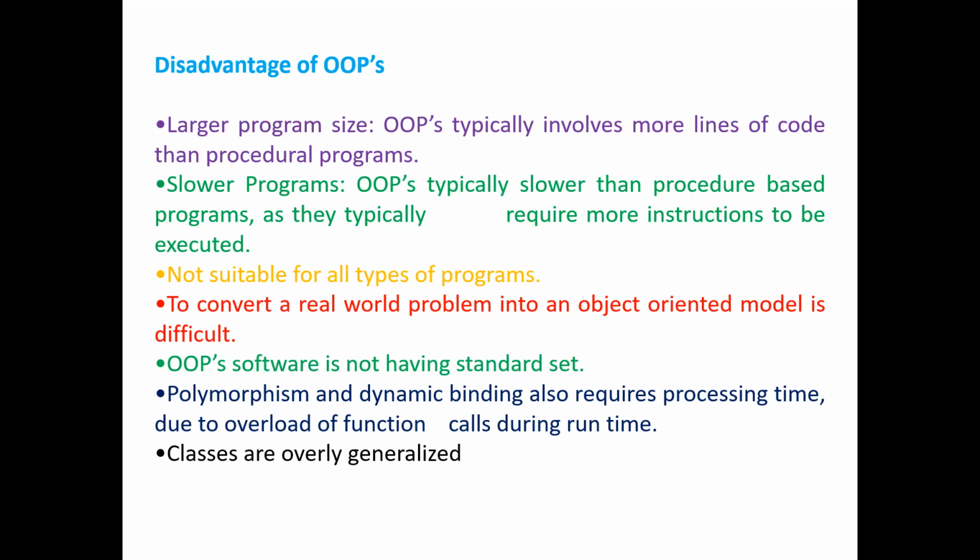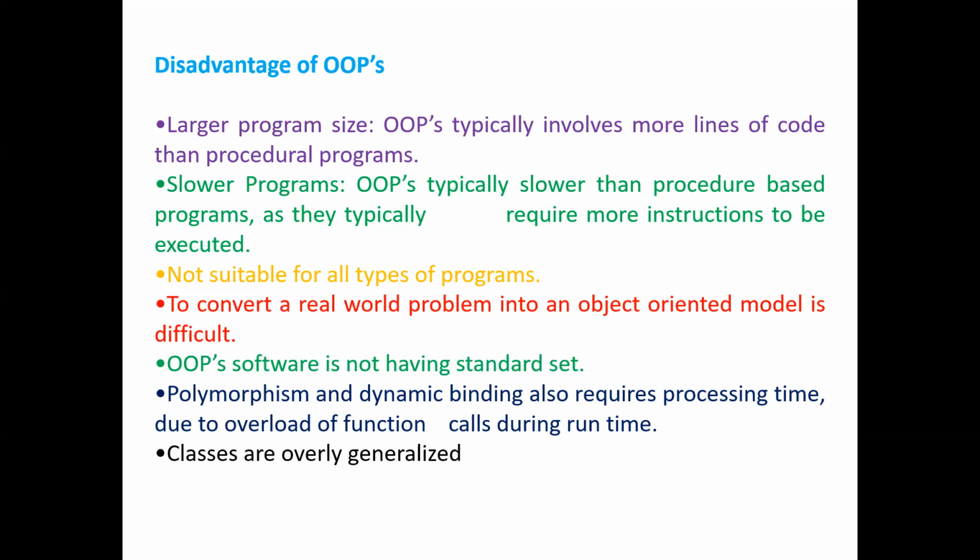That's why it is not suitable for all types of programs. If the problems are big and complex, then object-oriented programming is suitable, because we have learned in the advantages that complexity can be minimized through inheritance. That's why we write in the disadvantages that it is not suitable for all types of programs.